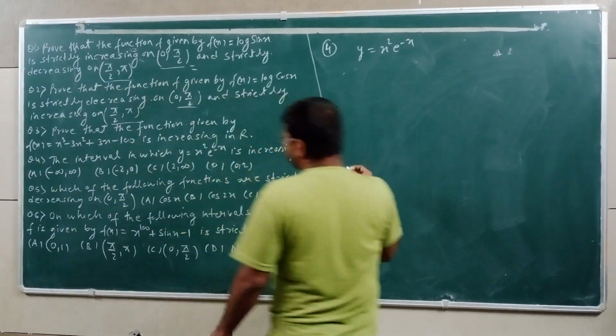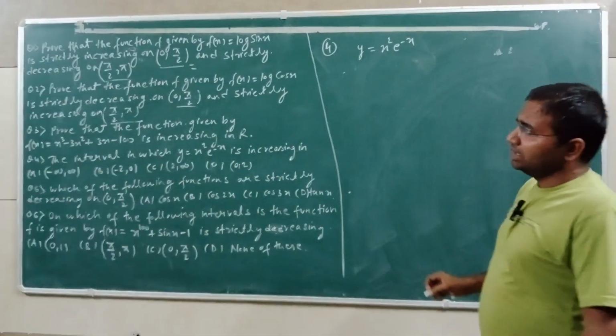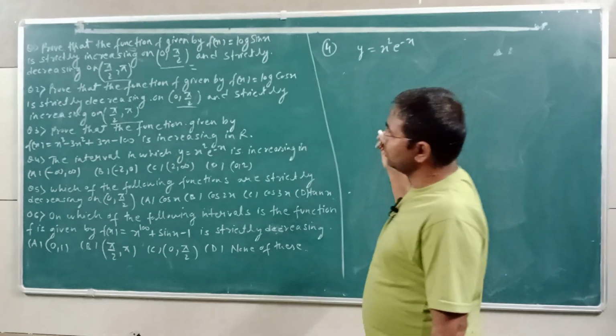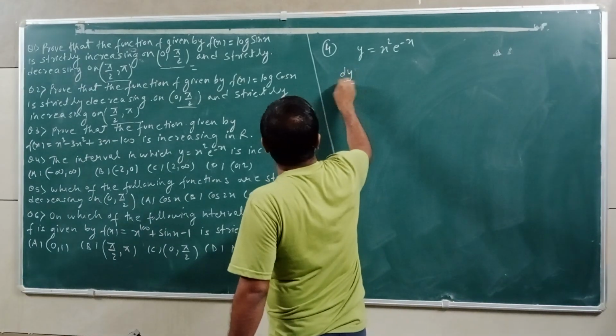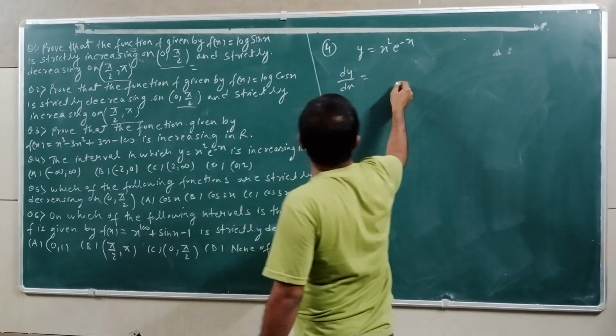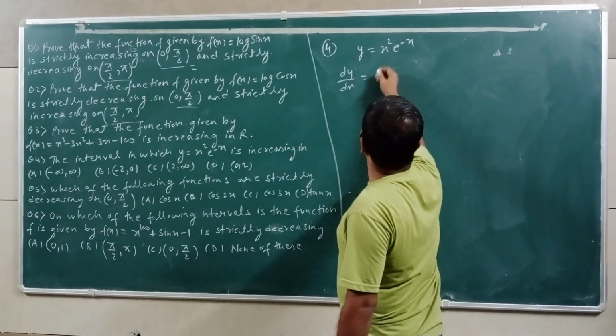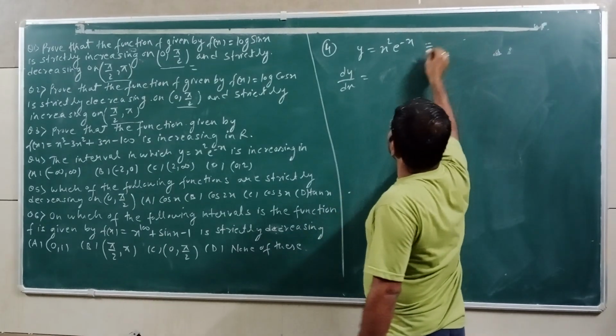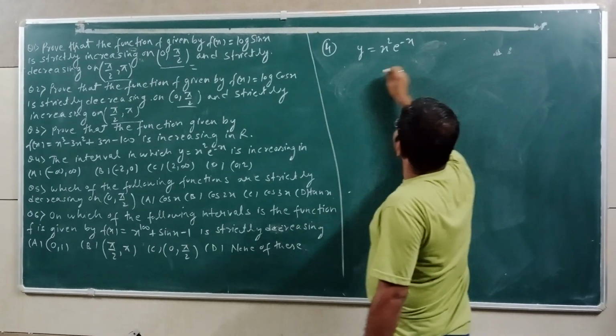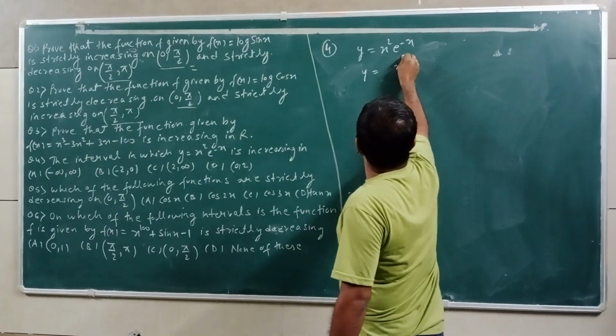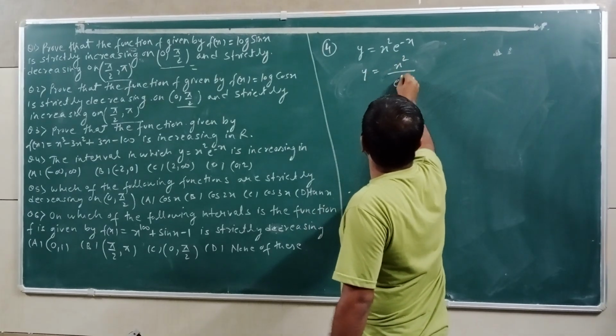Okay, so we have to check now. For checking, first of all, we have to find the derivative of the given function, means we have to differentiate. First let us write it as y equal to x square upon e to the power x.